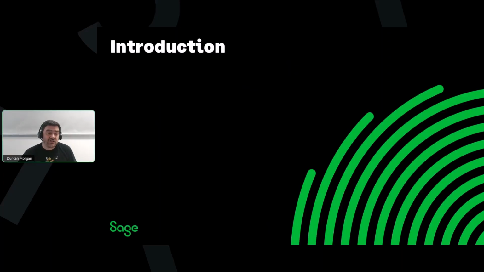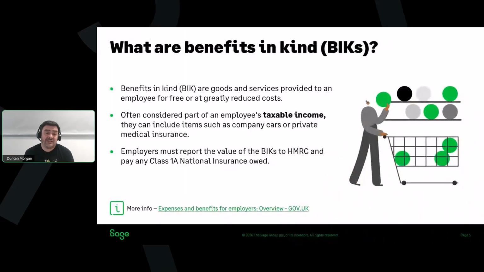So let's get on with our introduction. First of all, explaining what benefits in kind means. Benefits in kind are goods and services provided to employees, either for free or at greatly reduced costs. And these items are often considered part of an employee's taxable income and could include things such as company cars or private medical insurance.